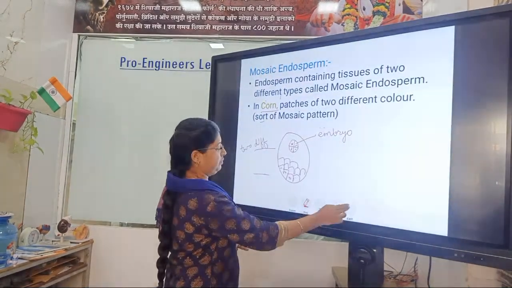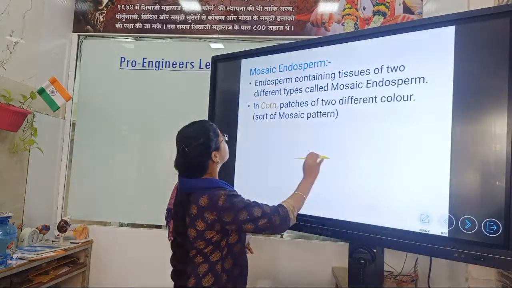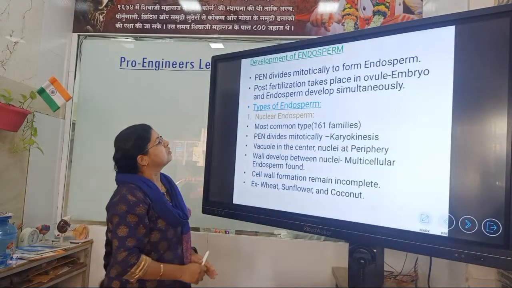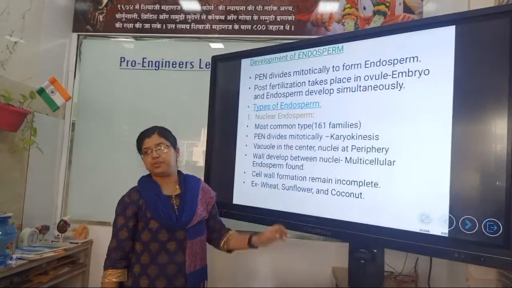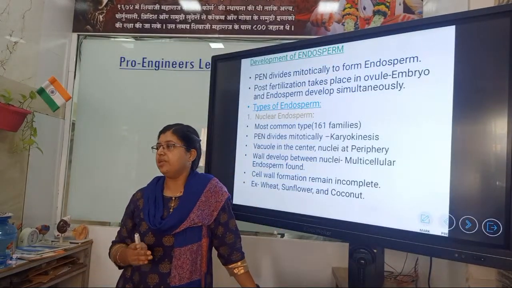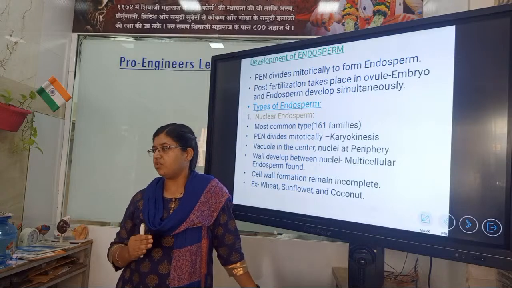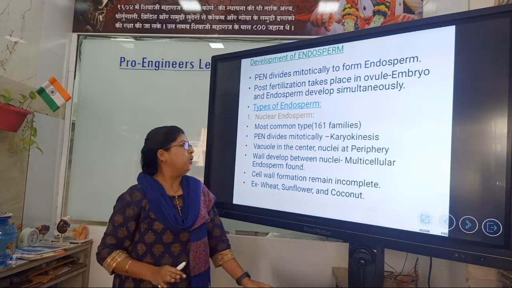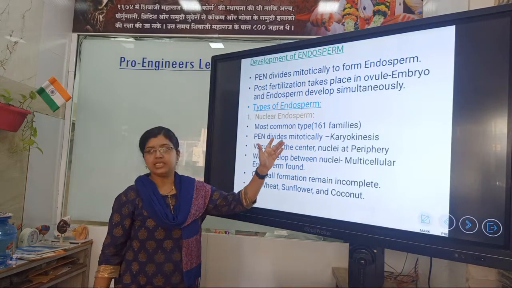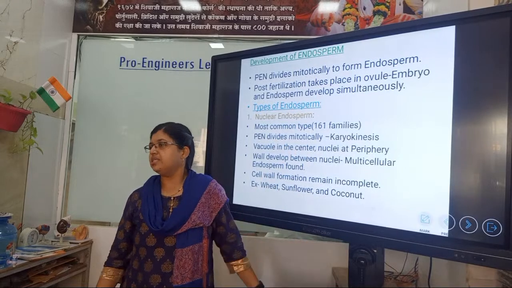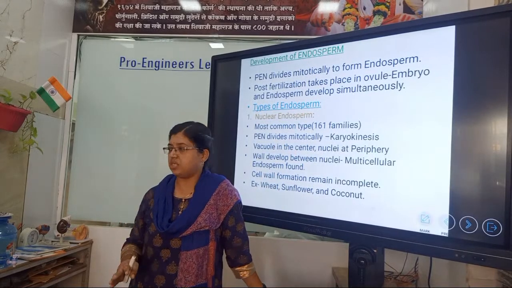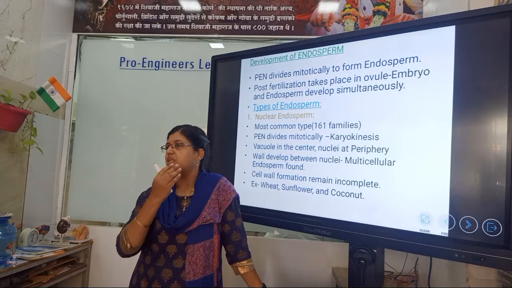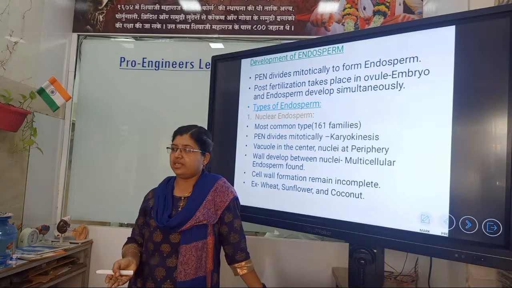Now let's take a recall. Nuclear endosperm occurs in 161 families of endospermic plants. Here the primary endosperm nucleus divides mitotically, that is the karyokinesis process. Karyokinesis means the nucleus gets divided.